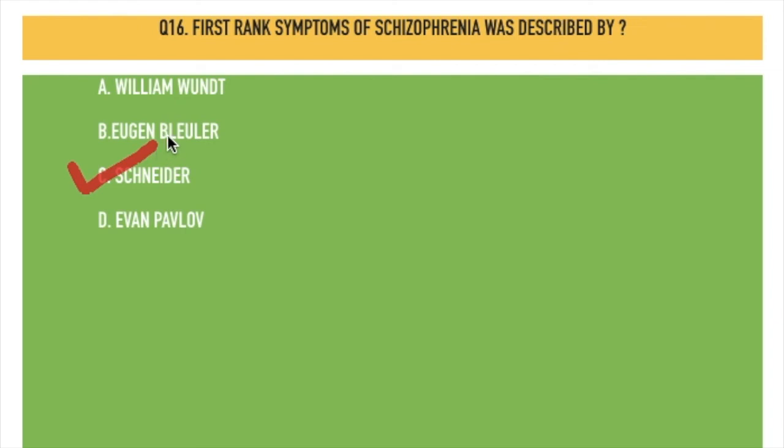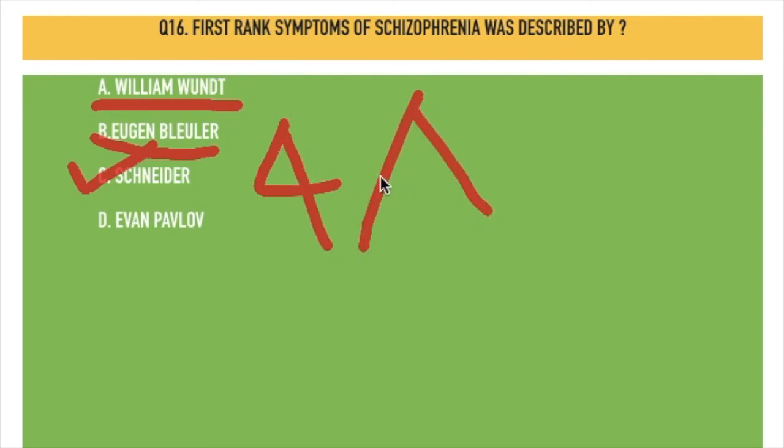And let's see the other options. William Wundt is known as the father of experimental psychology. And regarding Eugene Bleuler, we know the 4 A's of schizophrenia, the 4 A's symptoms, the negative symptoms of schizophrenia.